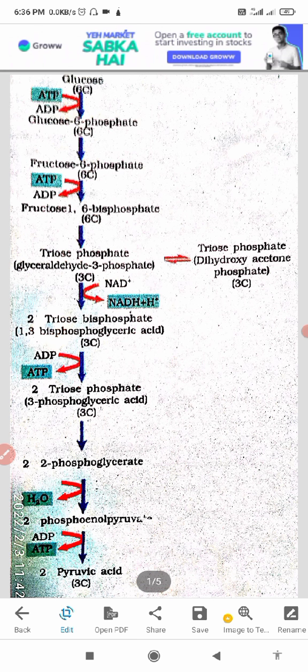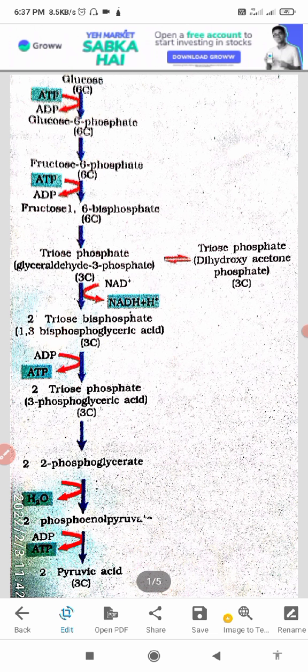So in the plant cell, in the cytoplasm, this is a common reaction, the breakdown of the glucose molecule, that is the conversion of one glucose molecule into 2 pyruvic acid molecules.